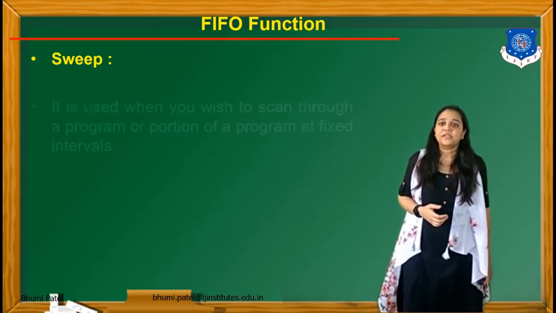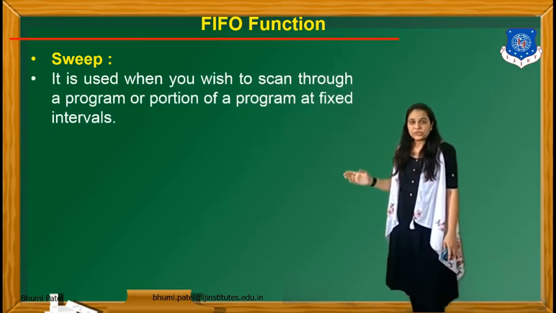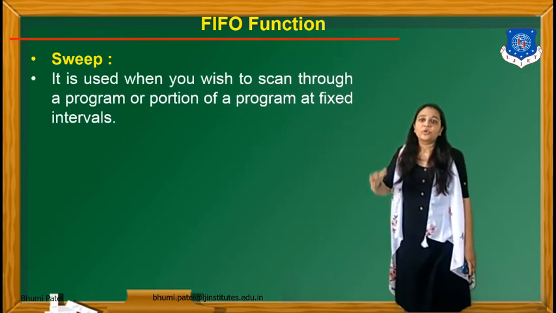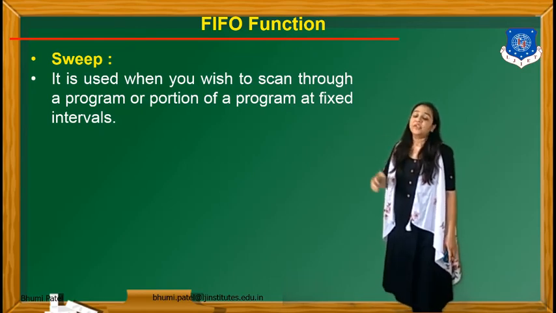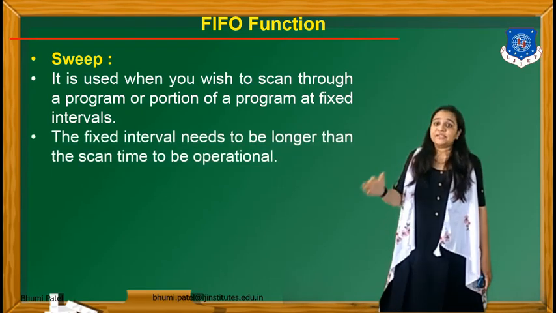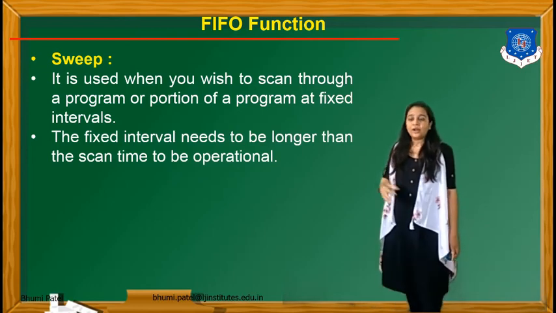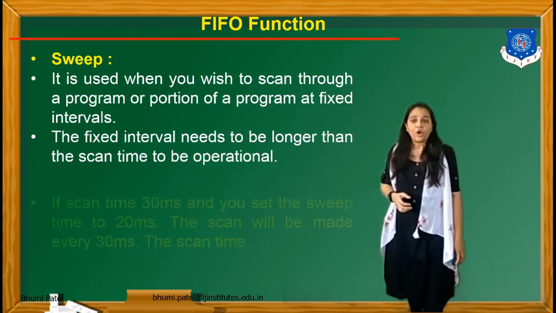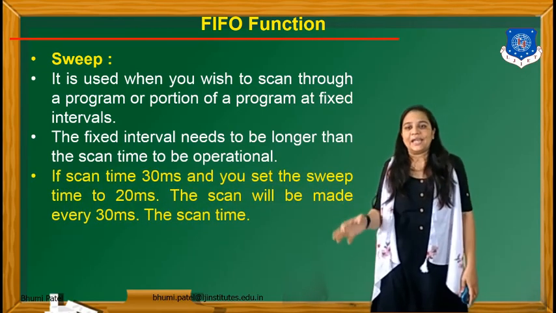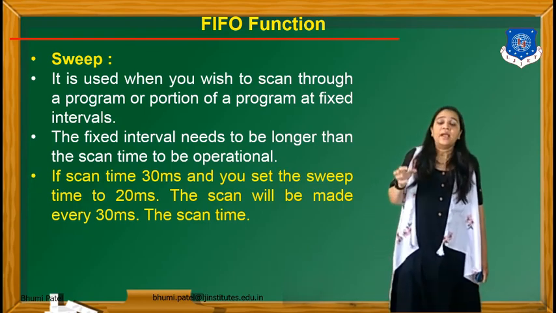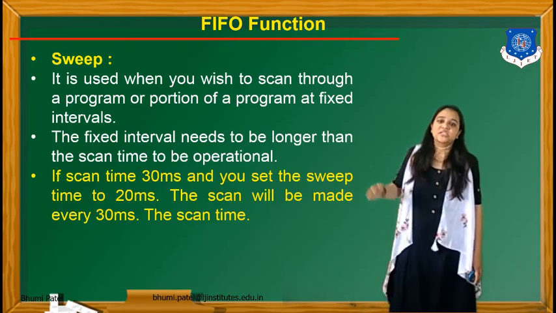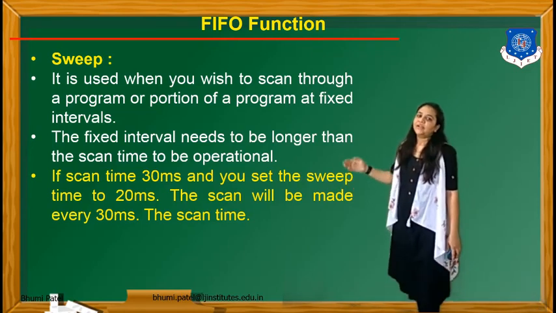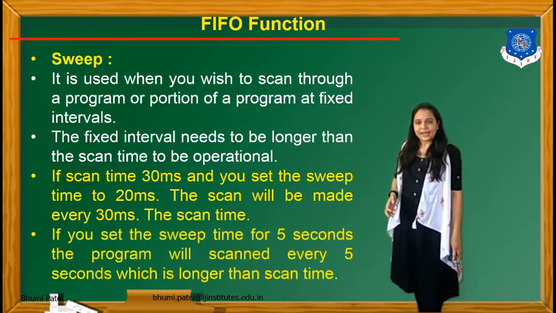Now the next one is the sweep. It is used when you wish to scan through a program or a portion of a program at a fixed interval. So the fixed interval needs to be longer than the scan time of the operation. If the scan time is 30 milliseconds and you set the sweep time to 20 milliseconds, the scan will be made every 30 milliseconds, the scan time.